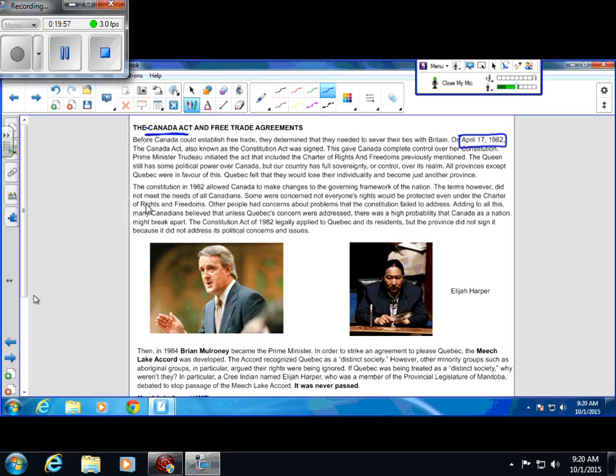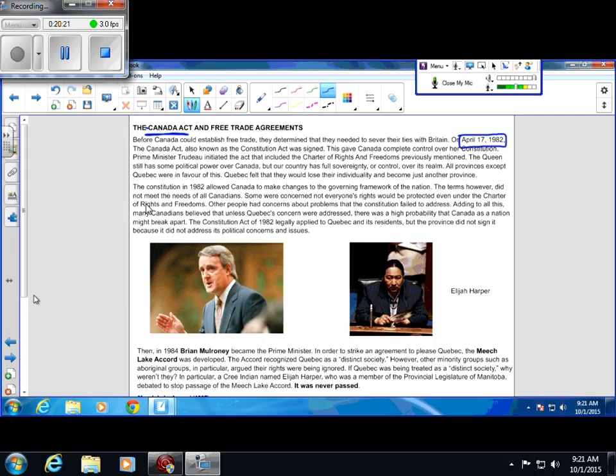So what was the Canada Act? Why was this so significant? The Canada Act, or the Constitution Act, basically gives Canada control over its own nation, its own sovereignty. We can control our political views and changes without asking Britain.